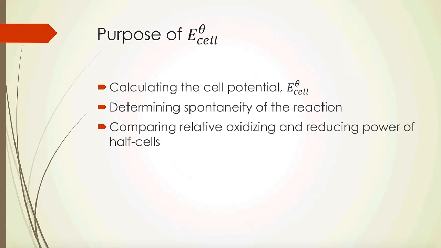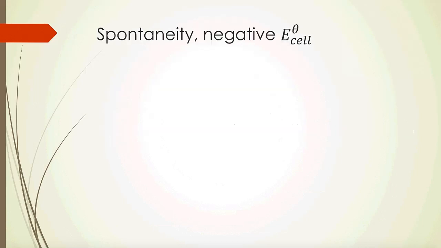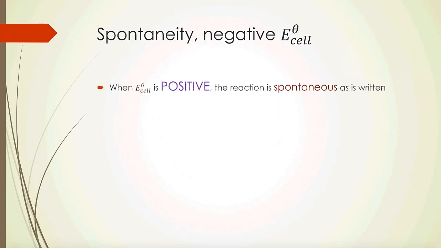The next thing we're going to look at is determining the spontaneity of the reaction. Spontaneity, as you should remember from last year, we looked at Gibbs Free Energy, right? Do you remember, when Gibbs Free Energy, delta G, is negative, is that non-spontaneous or spontaneous? Hopefully you got to the point that when delta G is negative, it means that it is more spontaneous.